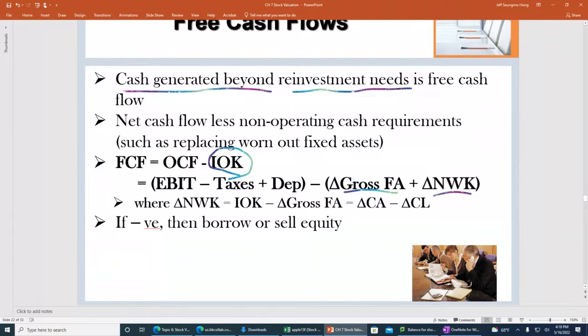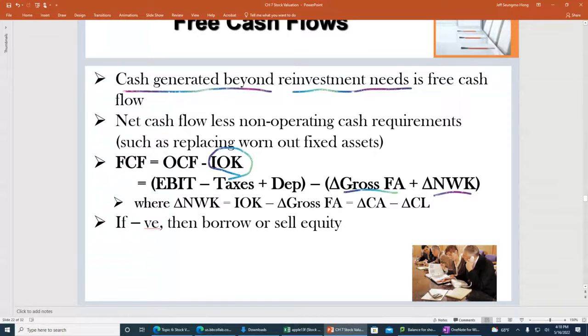Physical capital means plant and equipment, and the plant and equipment constantly wear and tear. As you use them, they wear and tear. That's why there is depreciation, right? The depreciation comes from the wear and tear of the physical capital.